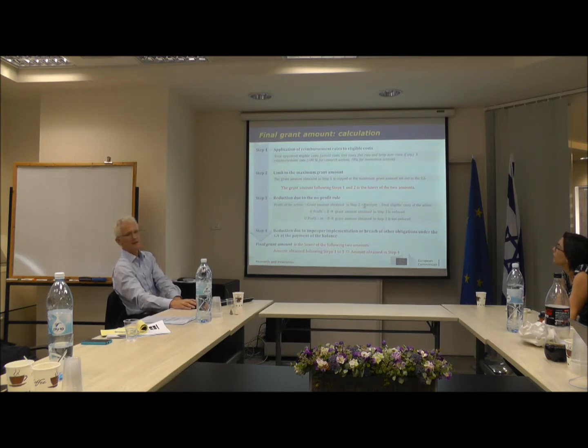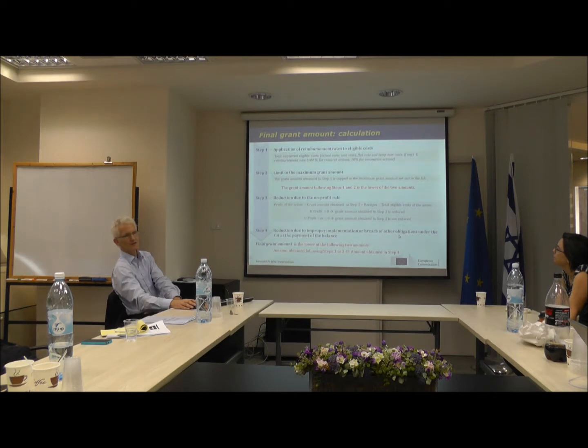And then we apply this non-profit rule. If the project creates receipts, we have to balance the receipts against the costs and the contribution, and there can still be some reduction. And the last step is that there is a possibility of reducing the grant due to improper implementation or breach of obligations.